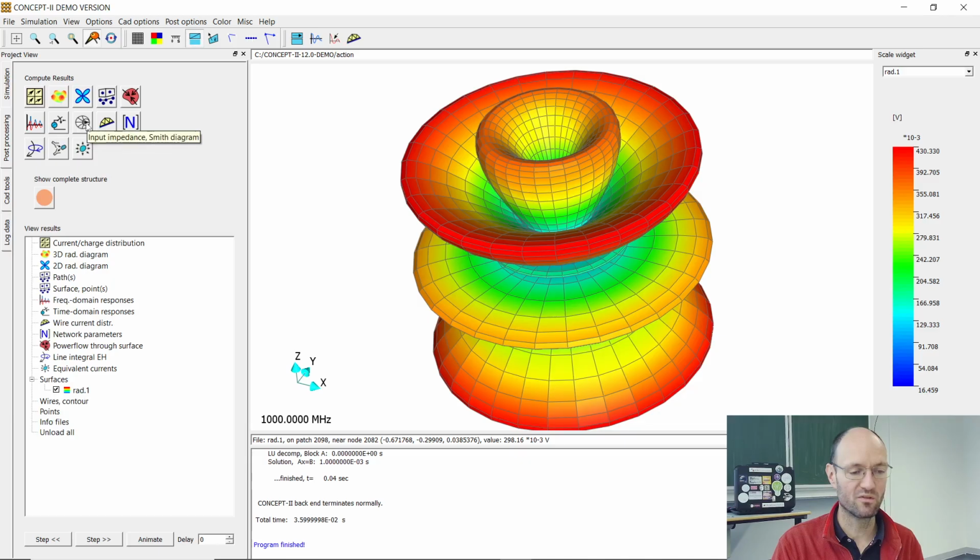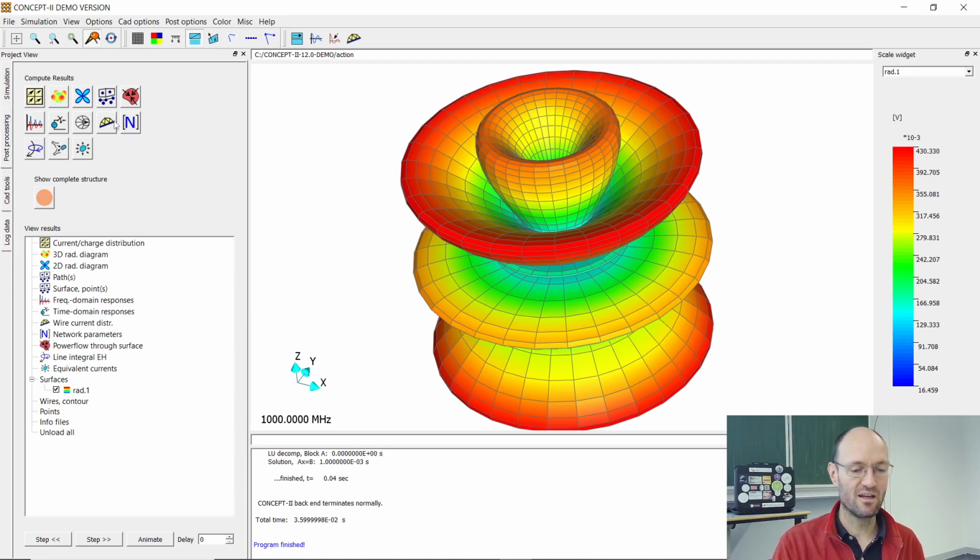Time domain response, okay, it's not interesting. Input impedance in the Smith diagram. This is maybe what you can check out later. Network parameters, line integrals of electric and magnetic field, radar cross section, scattering results, and generate equivalent current. So I think just maybe these two or these three are interesting for us.